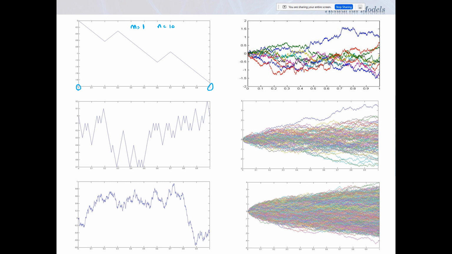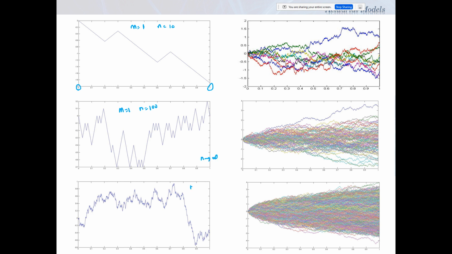Good. And here, it is still one simulation, but with 100 time steps. Down, down, down, up, up, down, up, down, down, down, up, up, up, up, up, up, down, up, down, etc. I think you understood. So what we want to do is to make n tend to infinity.